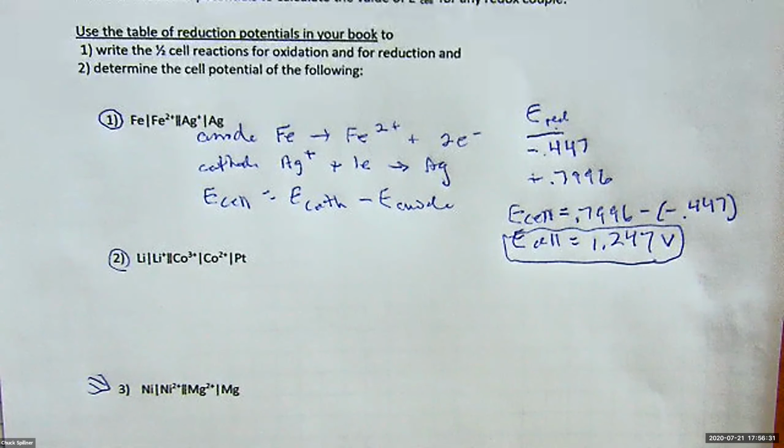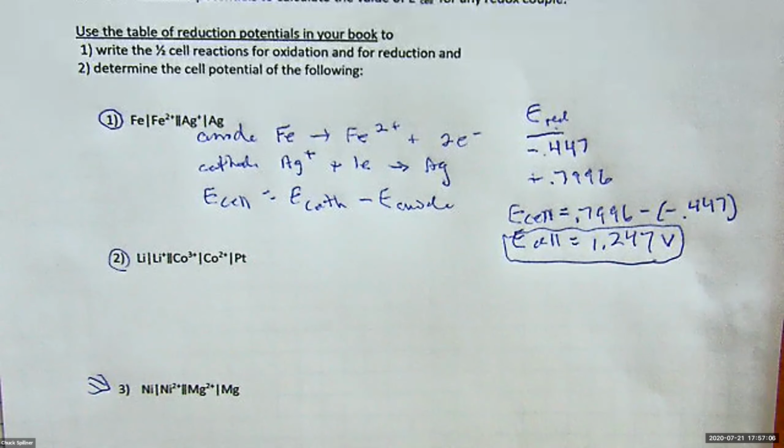I'm looking at this table in your book, and I can't seem to find cobalt 3 to cobalt 2. I find cobalt 2 to cobalt 0, but not cobalt 3 to cobalt 2. So I really need a better table.